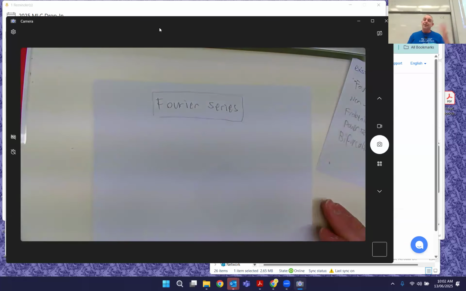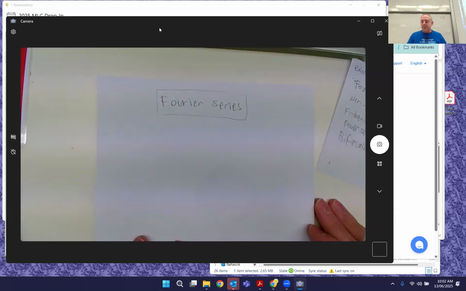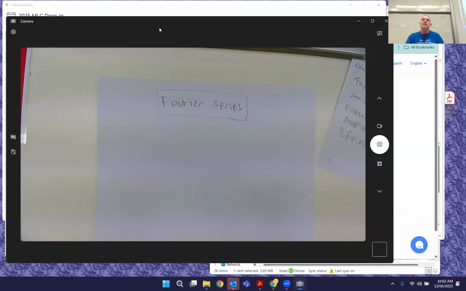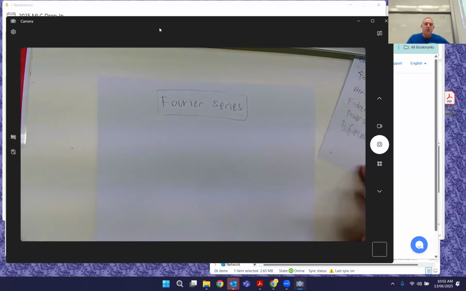So here's another one. There's two kinds of things that Fourier series are, and one of them is not that different from a power series, in the sense that you're trying to write your function as a sum of a whole lot of bits.